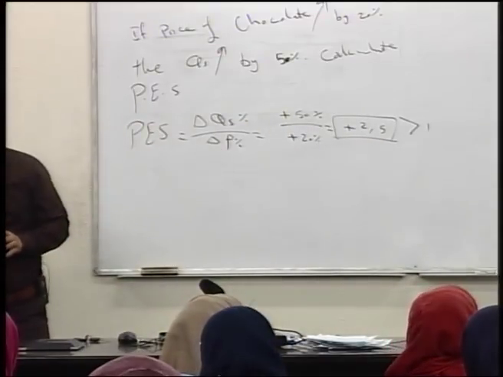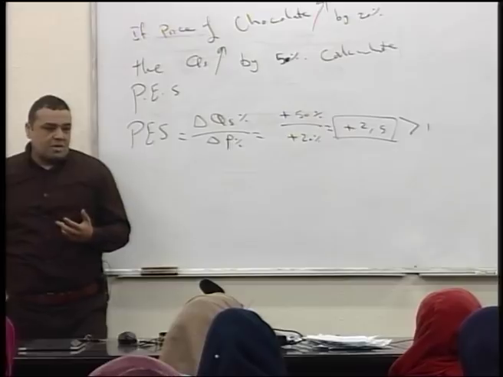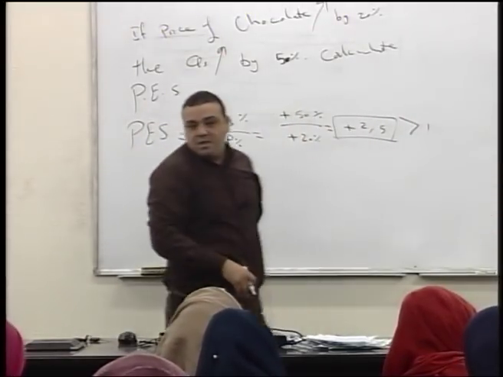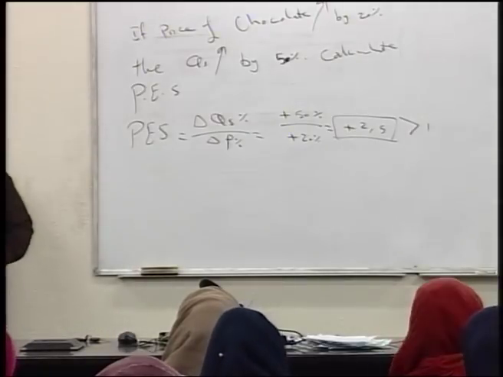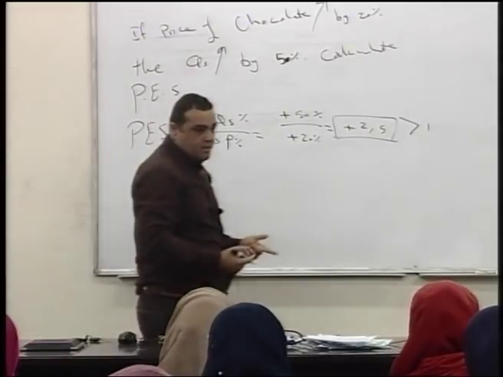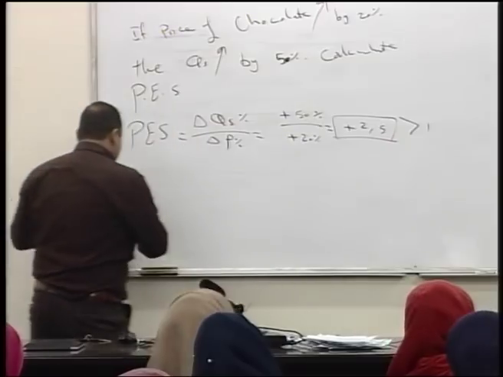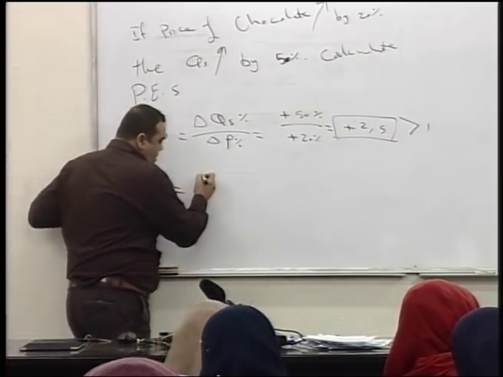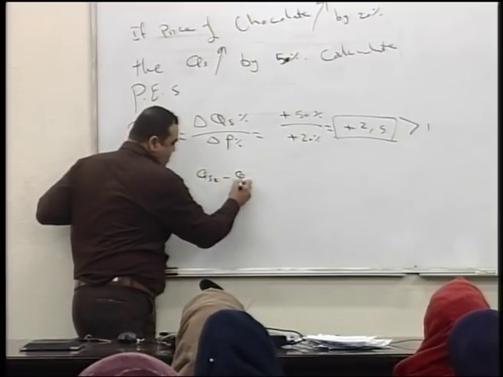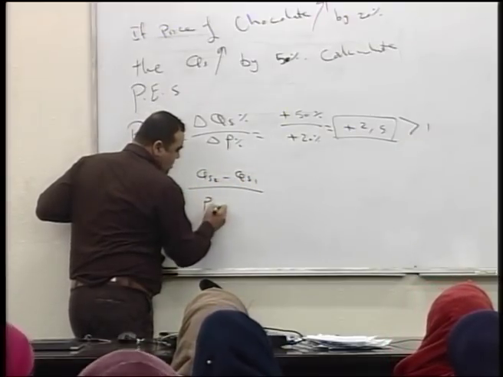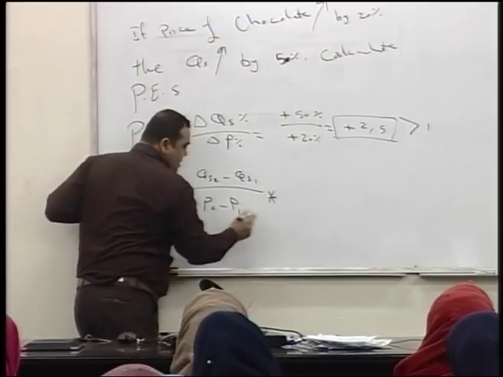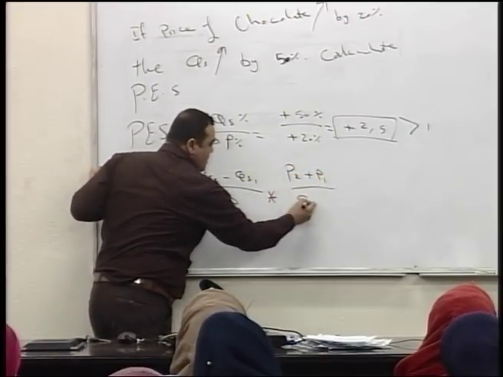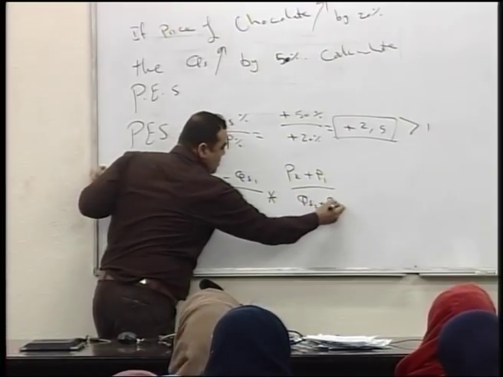The general formula for the price elasticity of supply is the same as the price elasticity of demand. We can use the midpoint formula here. The price elasticity of supply equals QS2 minus QS1 over P2 minus P1, times the sum of prices P2 plus P1 over QS2 plus QS1.